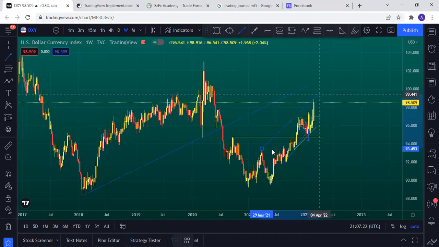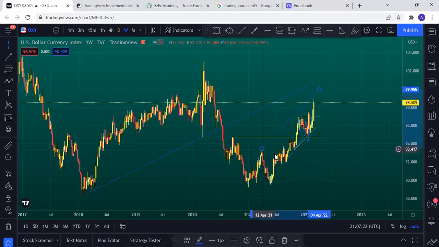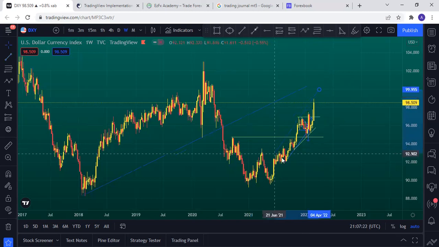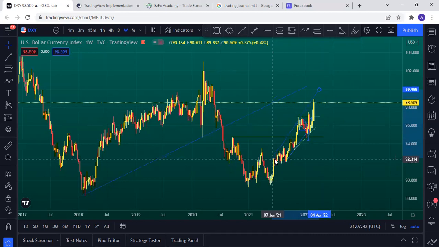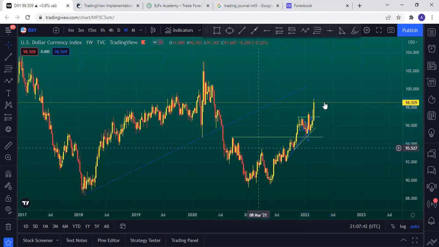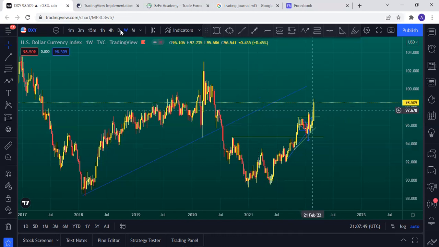Let's see. I'm trying to find an area of consolidation or a range just to see what the accumulation state looks like, so that I can capitalize on the breakout of that accumulation. All right, that doesn't match up. So which means that we might still be seeing some bullish market movements on DXY.